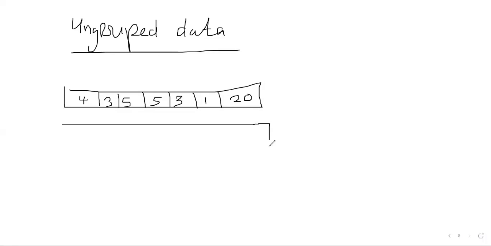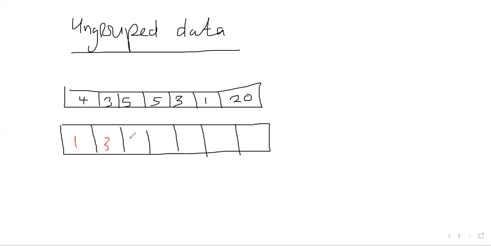What is the smallest piece of data? 1, 1, then 3, 3, another 3, 4, 5, 5, and 20.